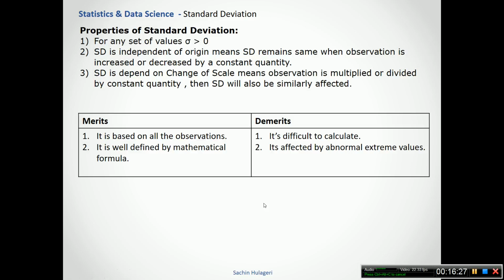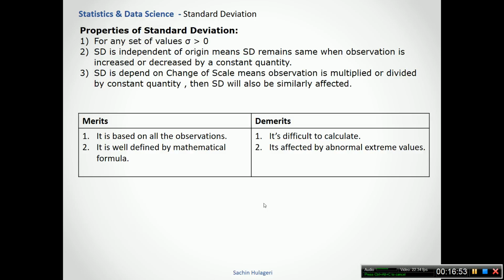Standard deviation exhibits certain properties. For any set of values, standard deviation will be greater than 0 because we take a positive square root. And the standard deviation is independent of origin. Origin means the standard deviation remains the same when observations are increased or decreased by a constant quantity.